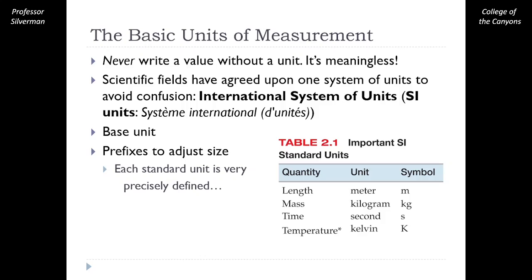In science, we have a base set of units known as SI units. These are not always the most convenient, but at least we have a standard to refer back to. We can always adjust these SI units to be more convenient by using prefixes, as we'll see in just a moment.